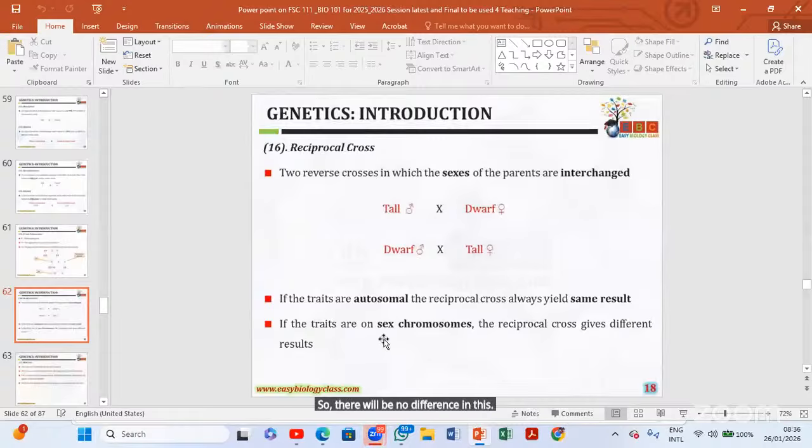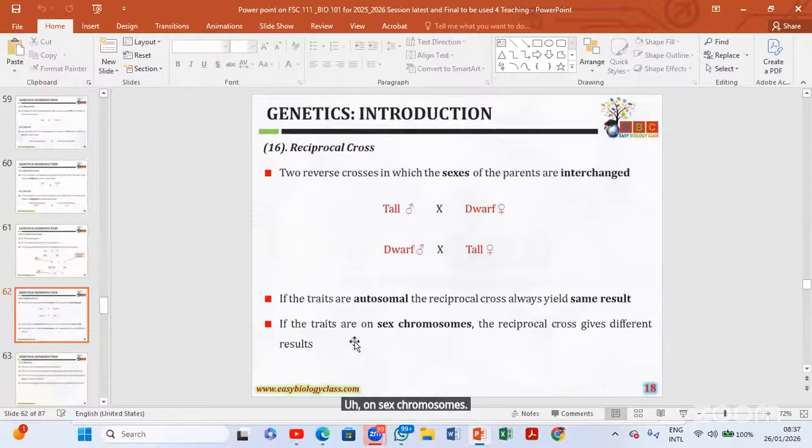But if the traits are sex linked, if the traits are on the sex chromosome, remember I told you in the last lecture that we have some traits that are on autosomes, and we have traits that are on sex chromosomes.